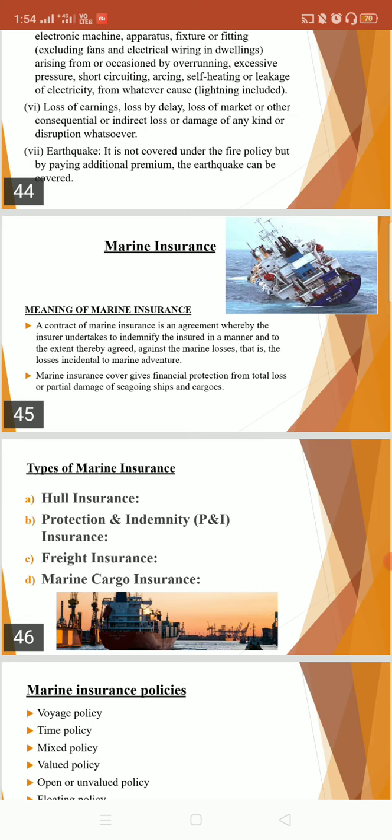The last one we have is marine cargo insurance. In the previous case it was freight insurance, where the insurance gives protection to the carrier, whoever is acting as a carrier who carries the goods from one place to another. The next one, marine cargo, is for the manufacturer.